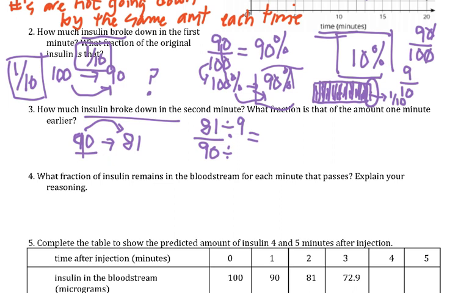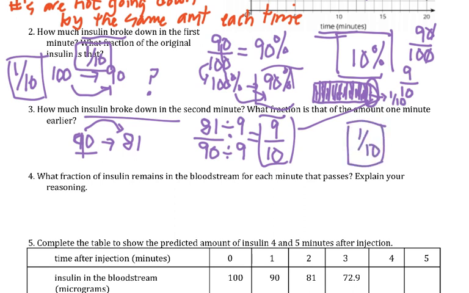What's 81 divided by 9? 9. What's 90 divided by 9? 10. Oh, look at that. I got the same amount. So what is remaining? 1/10 is remaining. Did you notice it's the same each minute?